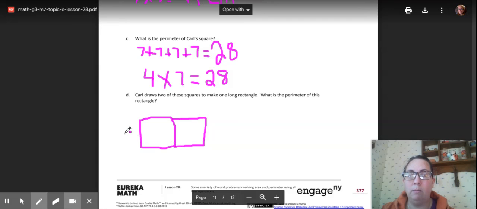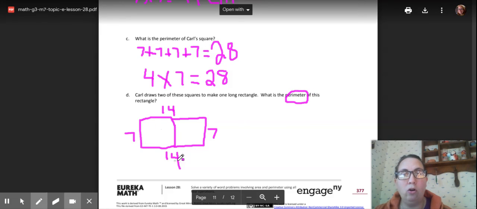I'm going to label all the sides. That's 7, and that's 7. This is 7, and this is 7. So 7 plus 7 is 14. So the long side is 14. And if that side's 14, then that side is 14. They want to know, what is the perimeter?